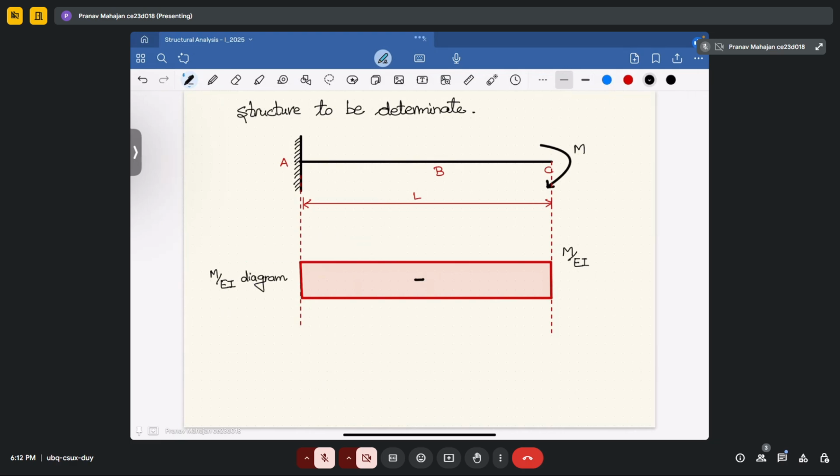Now what we will do, we will determine the deflection at the support B. So let's mark, suppose if you have this support B at the center. Okay, so that means how you will determine the vertical displacement at B. So we will use moment area method.